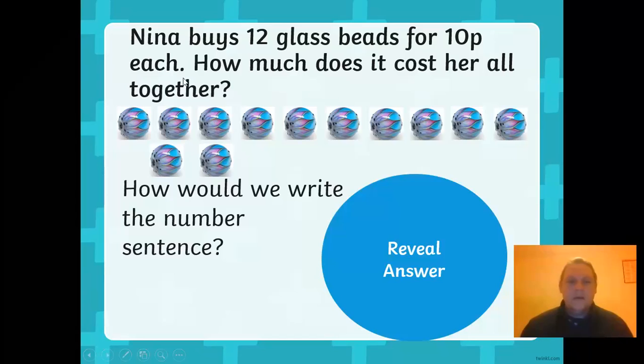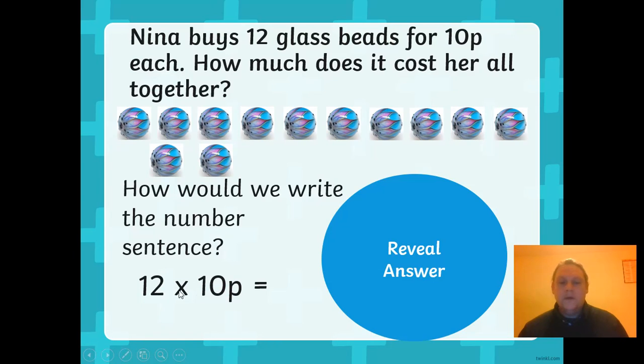Right. So let's have a look. We've got 1, 2, 3, 4, 5, 6, 7, 8, 9, 10 glass beads, each worth 10p. Okay, and then we've got 11, 12. All right. First of all, how would we write our number sentence for this? We're going to write 12 times 10p.